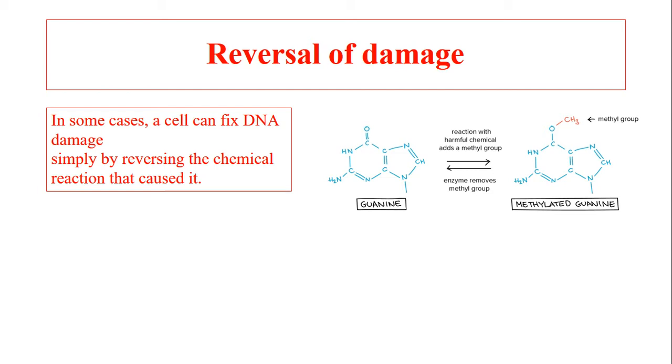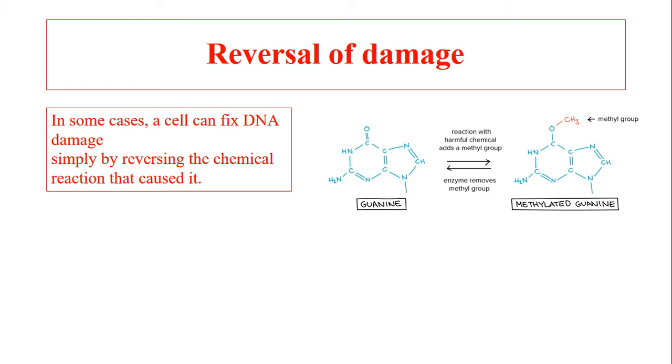Reversal of damage. In some cases, a cell can fix DNA damage simply by reversing the chemical reaction that caused it. To understand this, we need to realize that DNA damage often just involves an extra group of atoms getting attached to DNA through a chemical reaction.